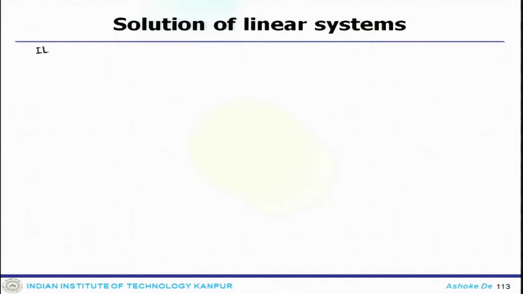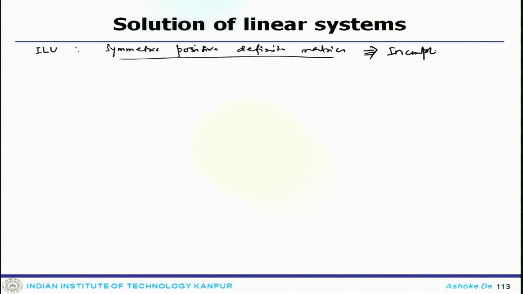Also, if you do this ILU factorization for symmetric positive definite matrices, it should be mentioned that the ILU decomposition of symmetric positive definite matrices is denoted by the incomplete Cholesky factorization.